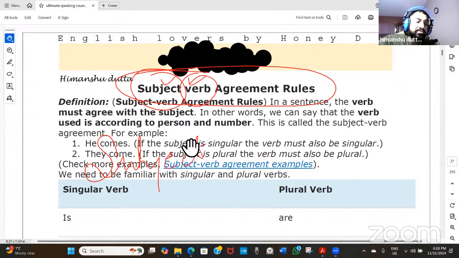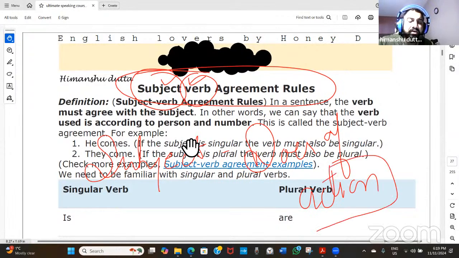I'll write over there: subject, the doer of action. Action here does not mean any movie or fighting. It means anything that has movement, something that will happen. That action in English grammar is known as verb.